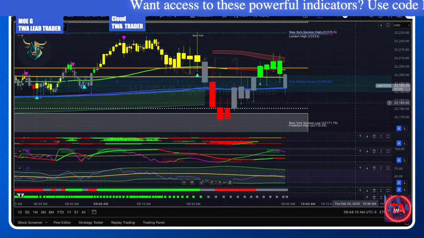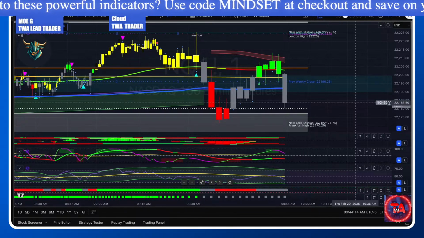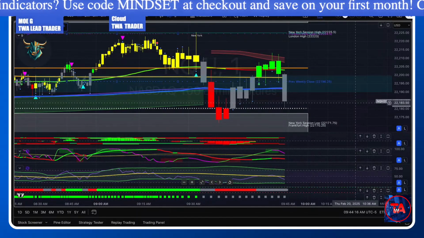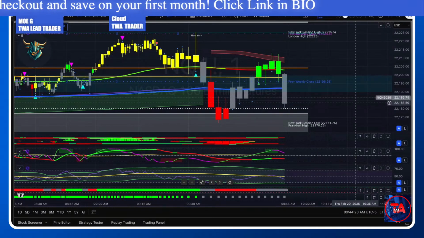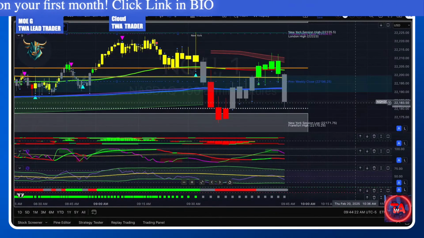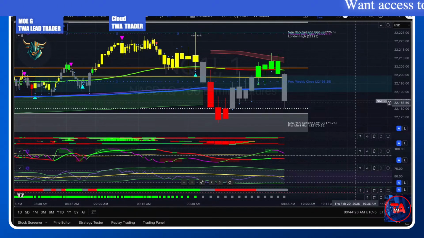Nope, that one's out. Flat across the board. If we were to look at a 5 minute candle, it does not want to close above 200.